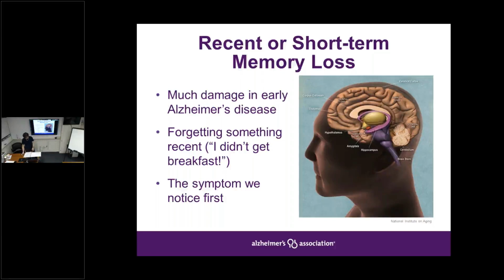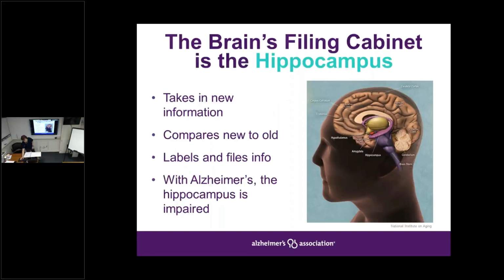It's important to know that eventually all areas of the brain are going to be affected by Alzheimer's disease. Those amyloid plaques and those tau tangles are affecting all aspects of the brain. It's just that we see it first in the hippocampus.